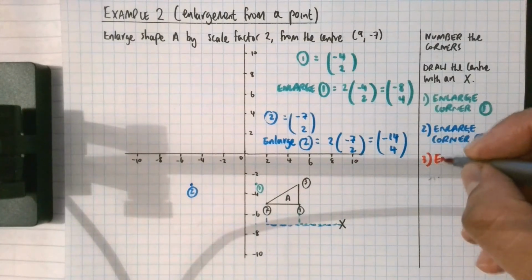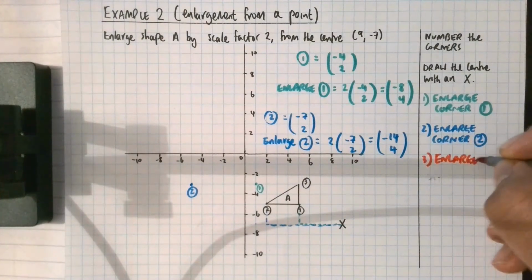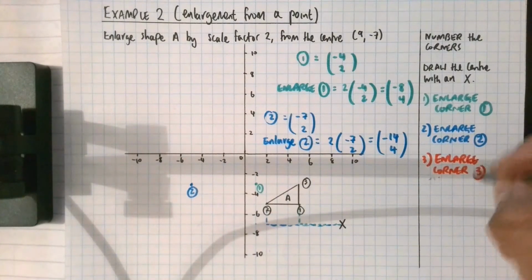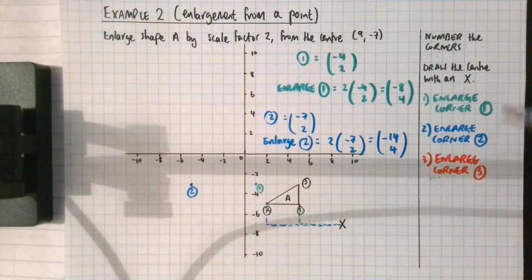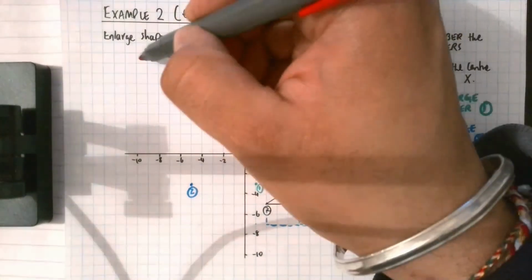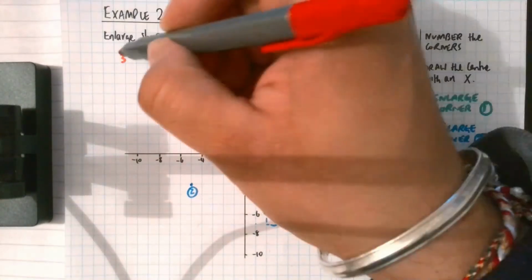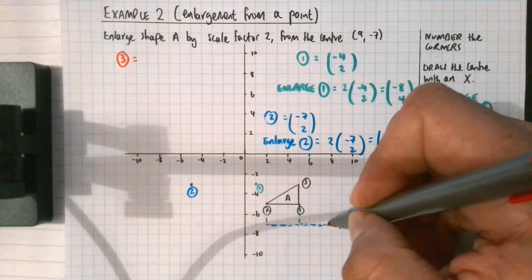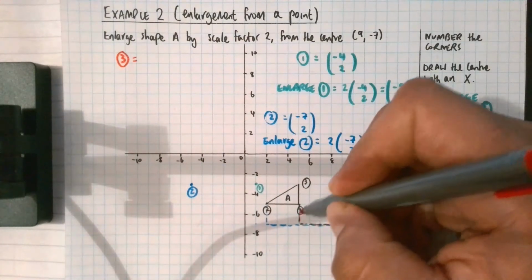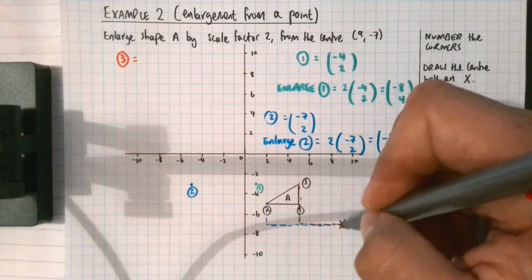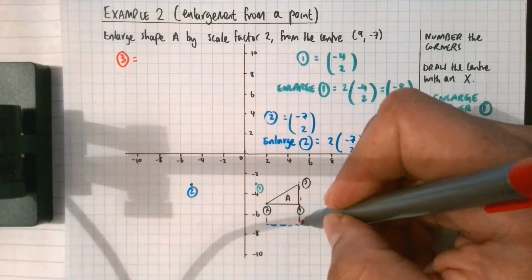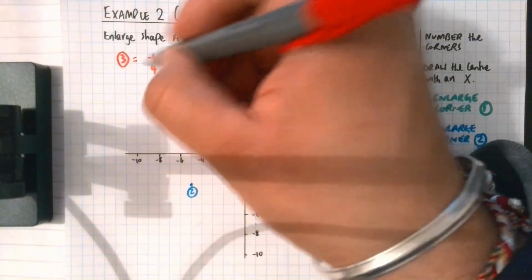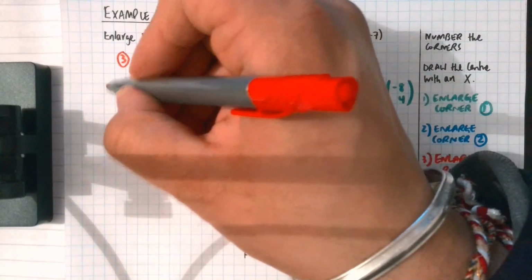I'm going to repeat the process for corner 3. We're going to enlarge corner 3. The vector for corner 3 is what we need first. So it's going to be 4 squares to the left, that makes it a minus, and 4 squares up, which is a plus. So -4 and 4 in our vector. -4 being the top number in the vector, 4 being the bottom number.